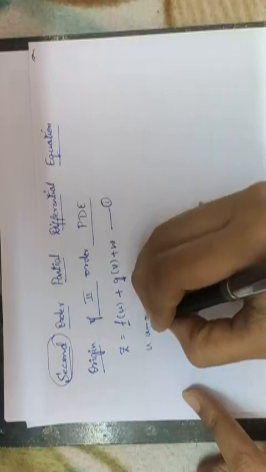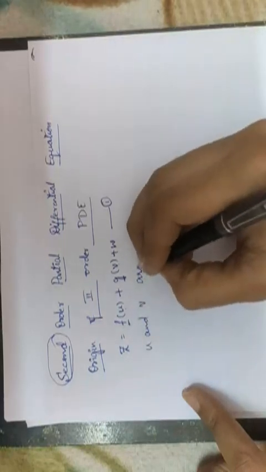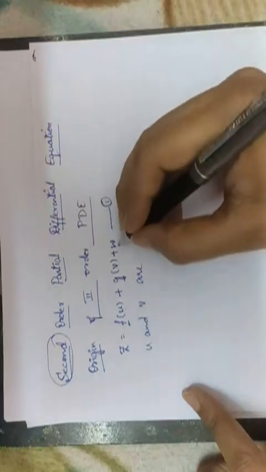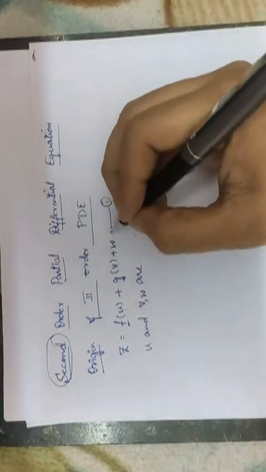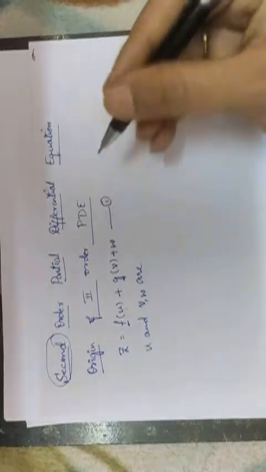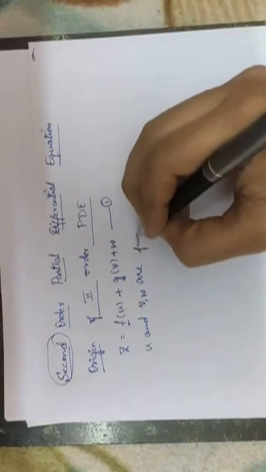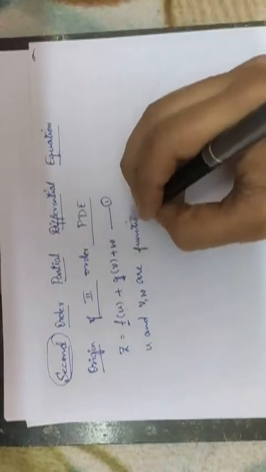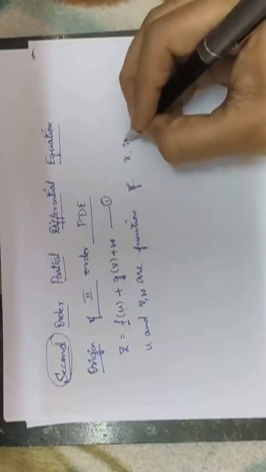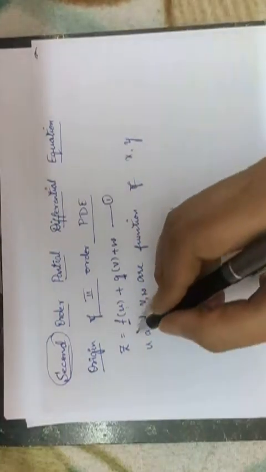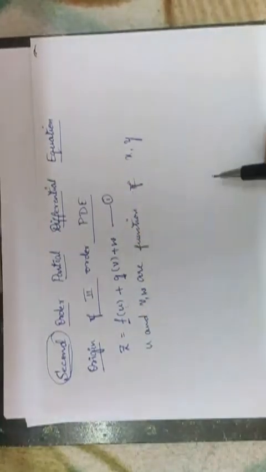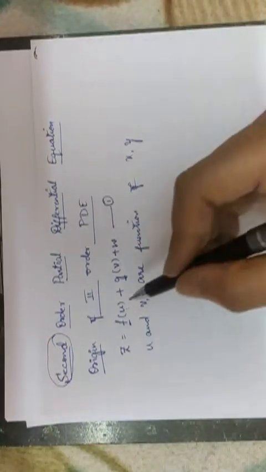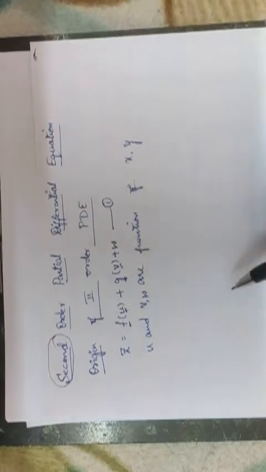u and v are functions, and I should consider w also, right? I have w also. This is not a constant. This is also a function of x and y. If I just consider f of u and g of v, this is nothing but your ordinary differential equation. I have only one variable, right?